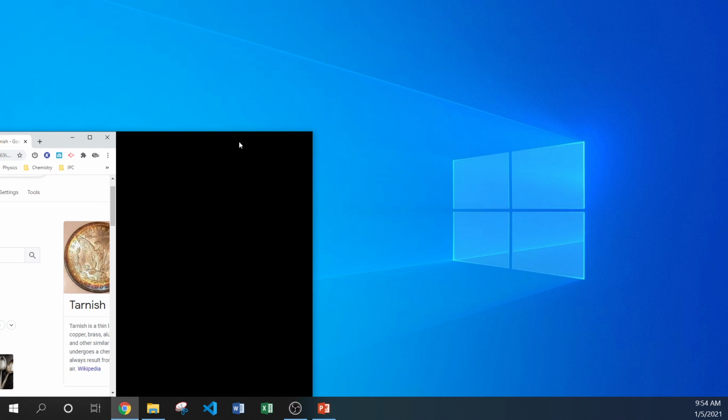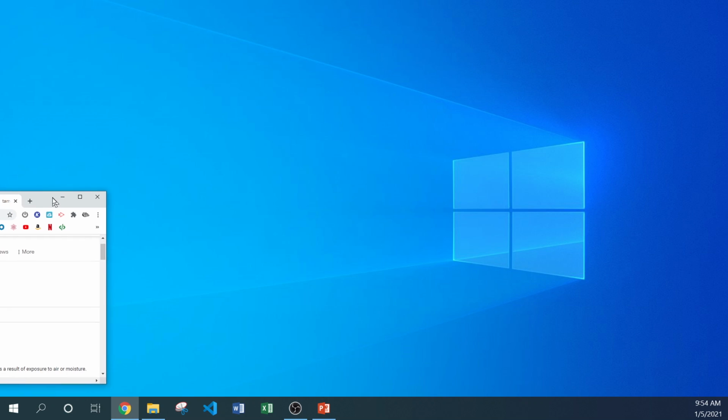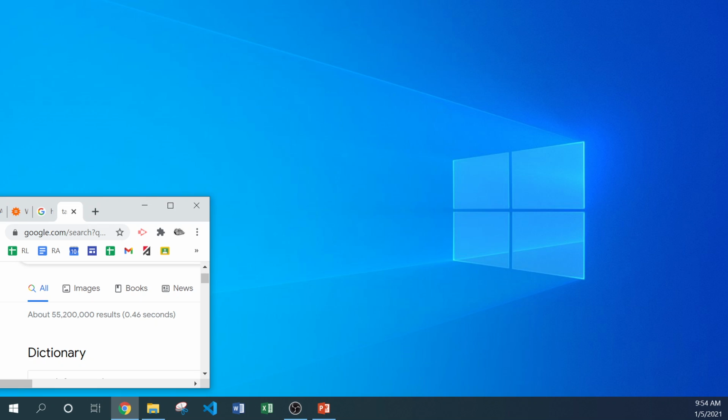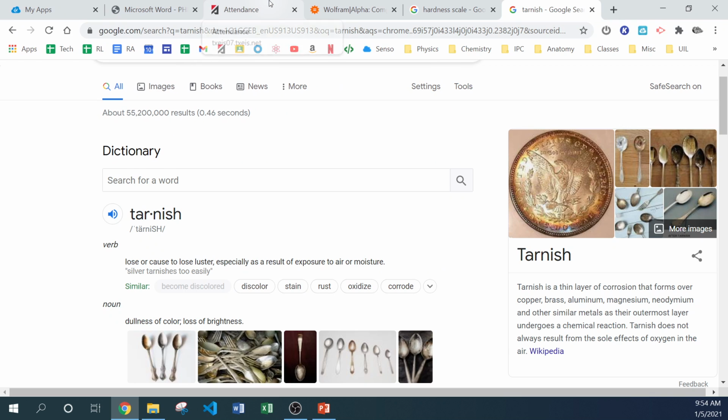So tarnish is very similar to rust. It's a loss of luster as a result of exposure to air and moisture. It's a thin layer of corrosion, kind of like rust on copper, brass, and aluminum.